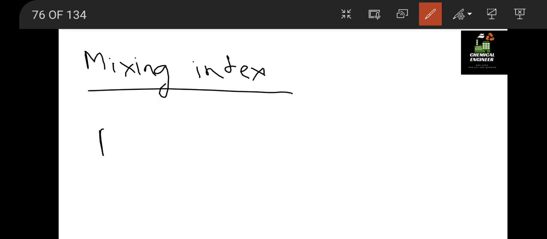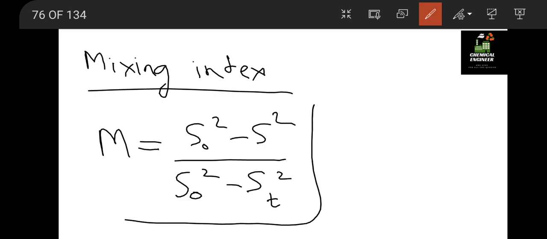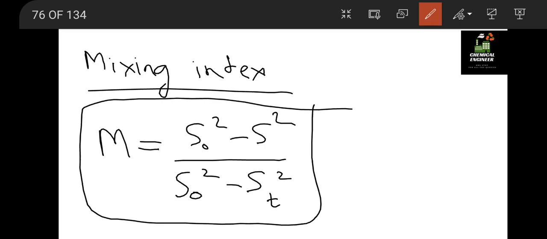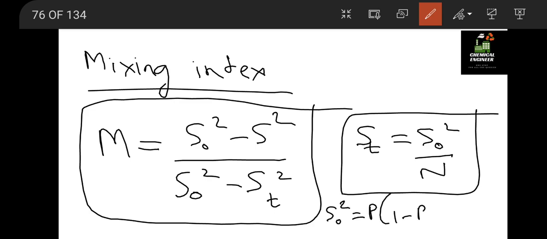For mixing index, m equal to s naught square minus s square divided by s naught square minus s of t whole square. So what is s naught square? S naught square is generally a variance, and st is given as s naught square divided by n. And s naught square is given by p into 1 minus p.